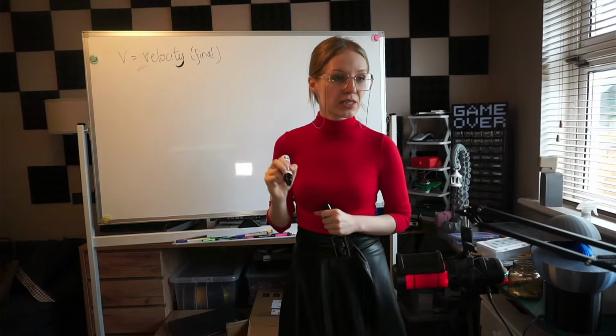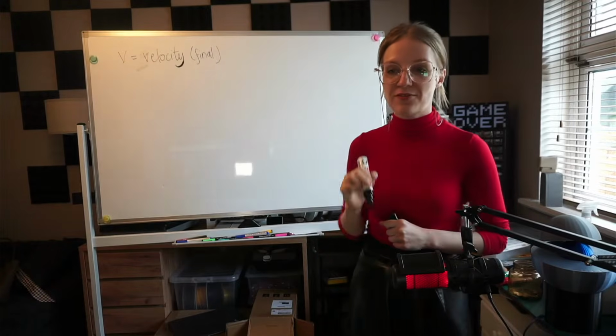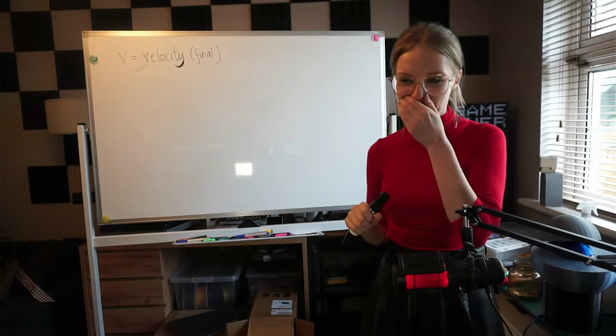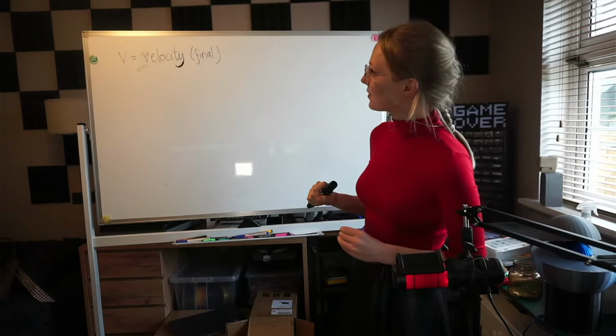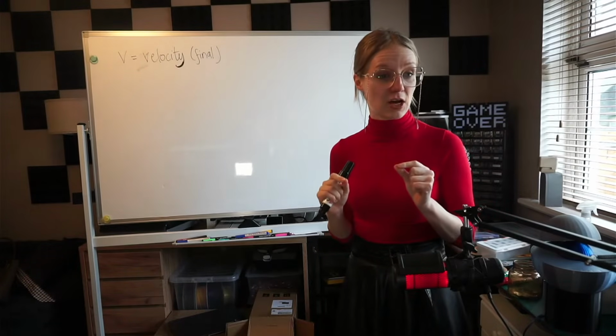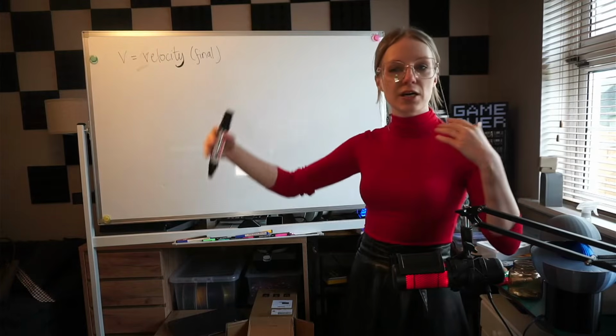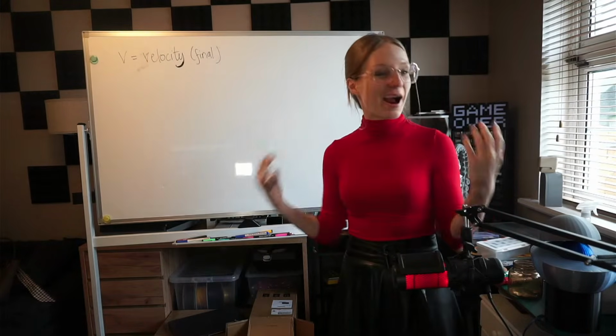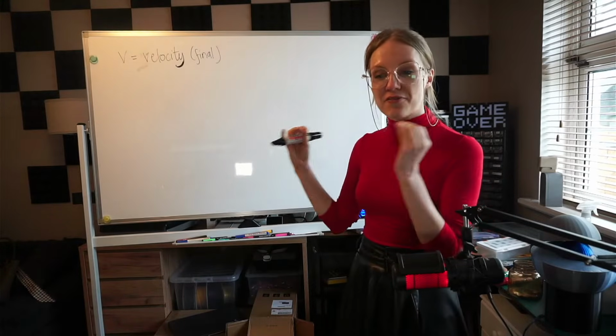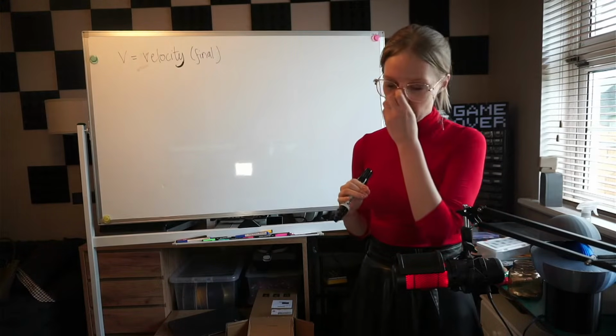I'm going to be using it for final speed, final velocity. Hi, Wombat Hole! 10 stream streak, let's go! We're going to be using it for final velocity. Because in our story, we're going to have a starting velocity, mid velocity maybe, average velocity, and then there's a final story velocity as well.